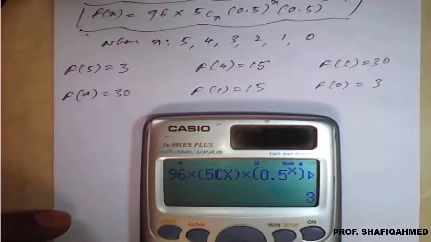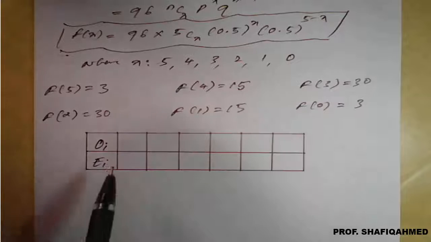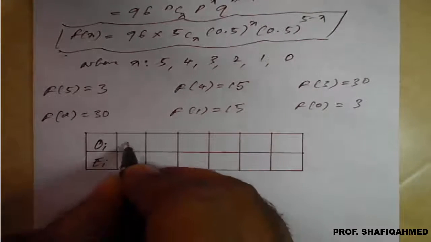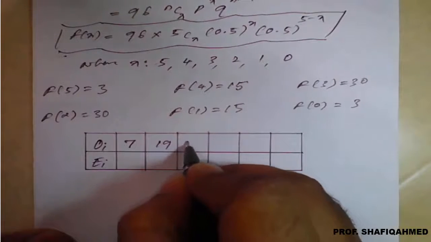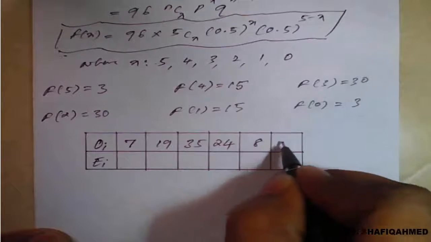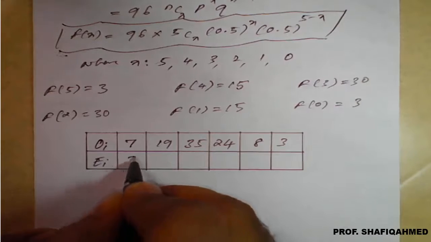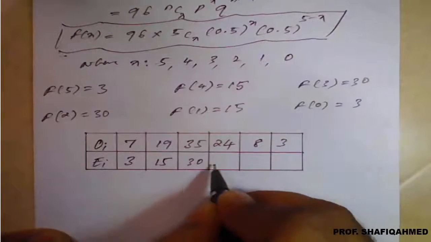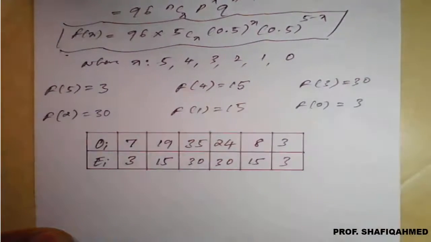Now we'll prepare a table for observed and expected. So the table here has O values and E values. The O values from the table will be 7, 19, 35, 24, 8, 3, and the expected, that is theoretical, we got as 3, 15, 30, 30, 15, 3.